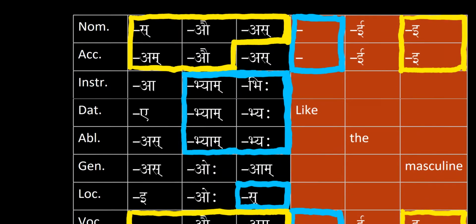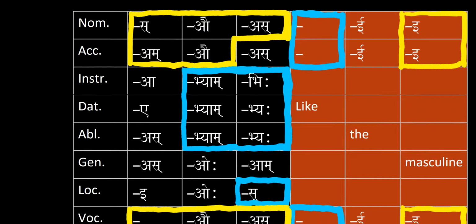Those that are not colored, except in the neuter, are like the masculine. Whatever is colored on the masculine side is colored on the neuter side, from instrumental singular, dual, and plural, all the way down to locative singular, dual, and plural. And we have this in writing above.